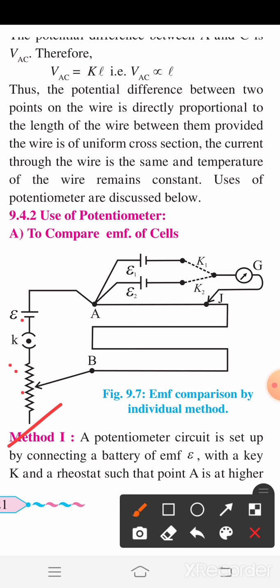A potentiometer circuit is set up by connecting a battery of EMF E, plug key K and rheostat RH in series such that point A is at higher potential as compared to point B. Means point A of potentiometer wire AB is connected to the positive terminal of the source of EMF E, and point B of wire AB is connected to the rheostat.